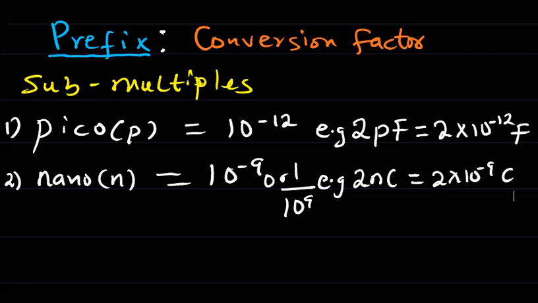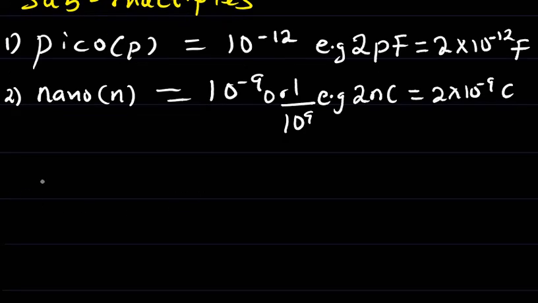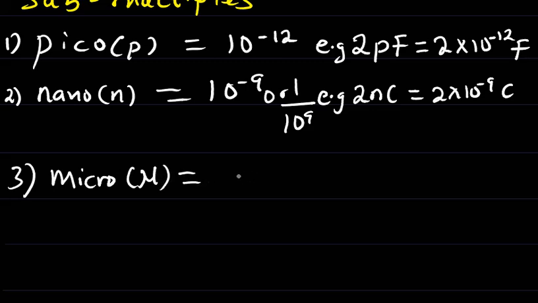We can also proceed to micro. The symbol for micro is mu, and micro is 10 raised to the power of minus 6. Please take note of that.